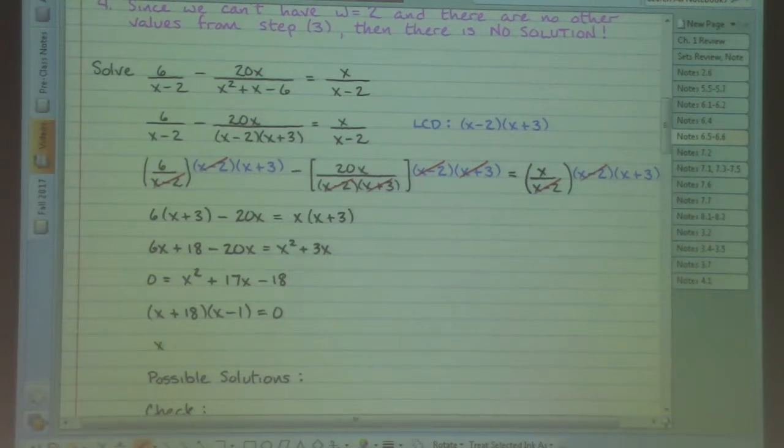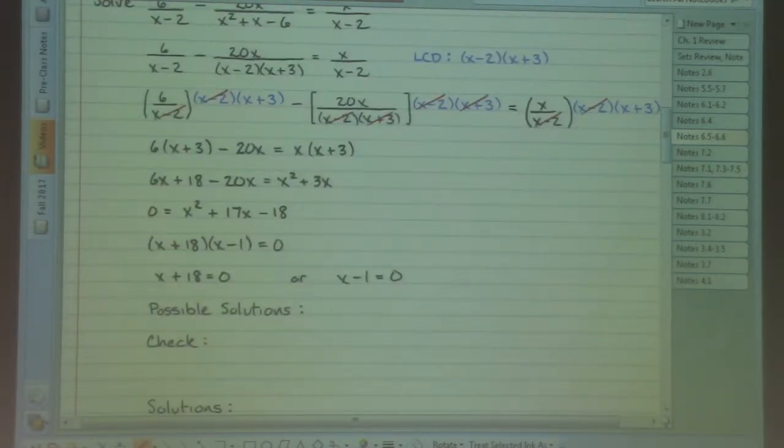That means that we've got an x plus 18 equals 0, or x minus 1 equals 0, giving us two possible solutions, x equals negative 18, or x equals 1.